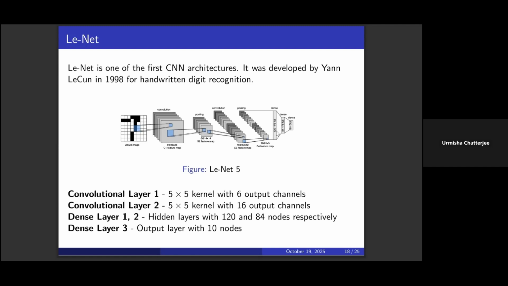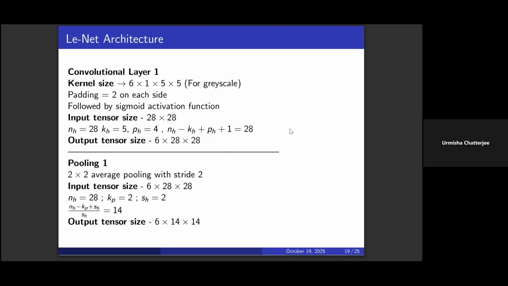That means two hidden layers, same as MLP with 120 and 84 nodes. And in the last layer, that is the output layer, there are 10 nodes because the digit recognition classification was for 10 different digits, so the output size was 10. This was the overall representation.